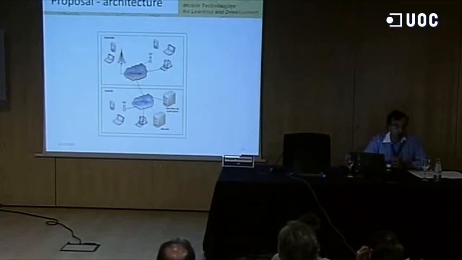It's very easy, because when the students go to this model, they do a pre-inscription. We get all the features of the mobile devices, and in particular the MAC address.